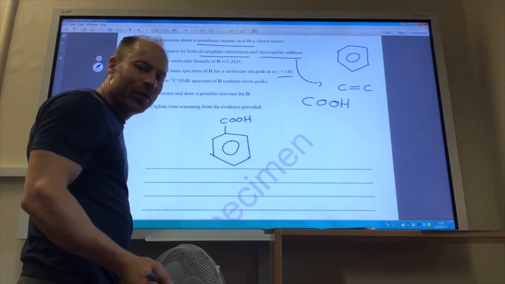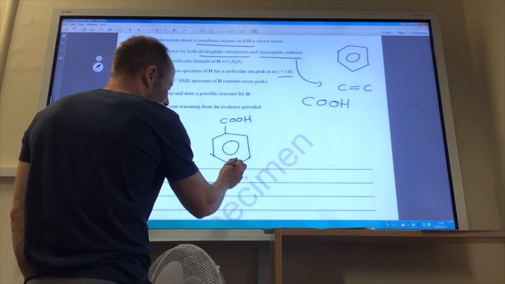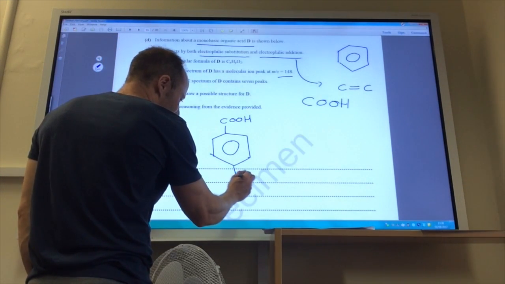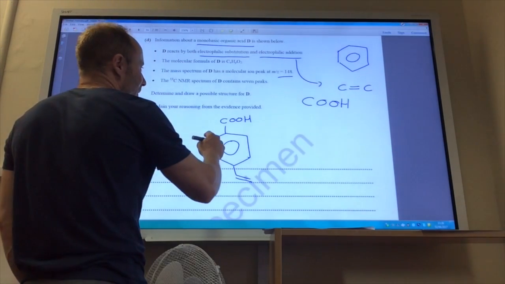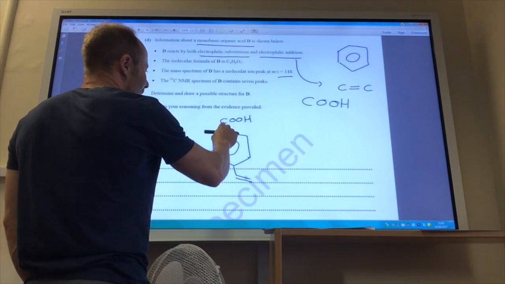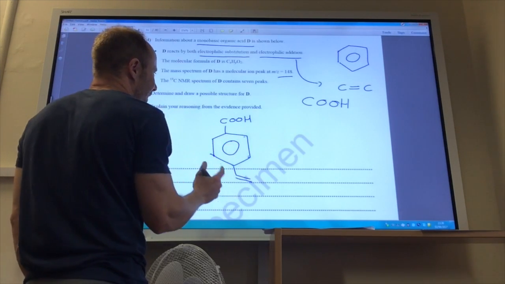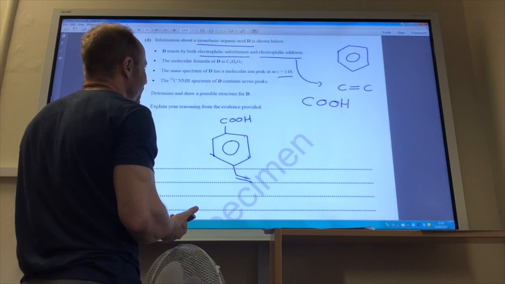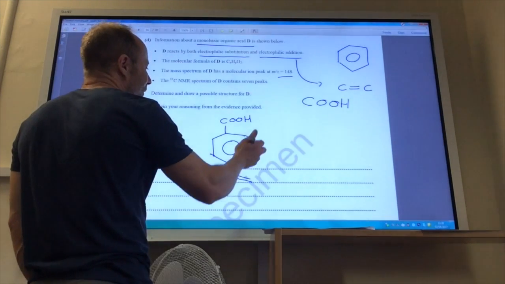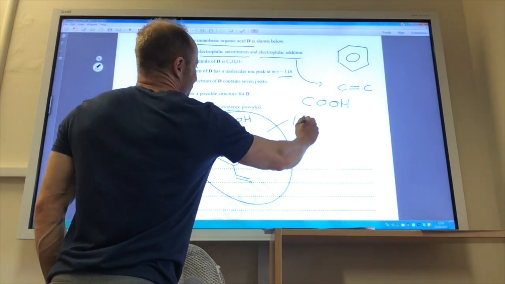I've got to be careful. I've got to now add in a carbon-carbon double bond. But let's say I put it there. Does that change my carbon environments? I need to have 7. 1, 2, 3, 4, 5, 6, 7. Okay, so I've got 7 carbon environments now. If you add all of this up, it comes to 148.